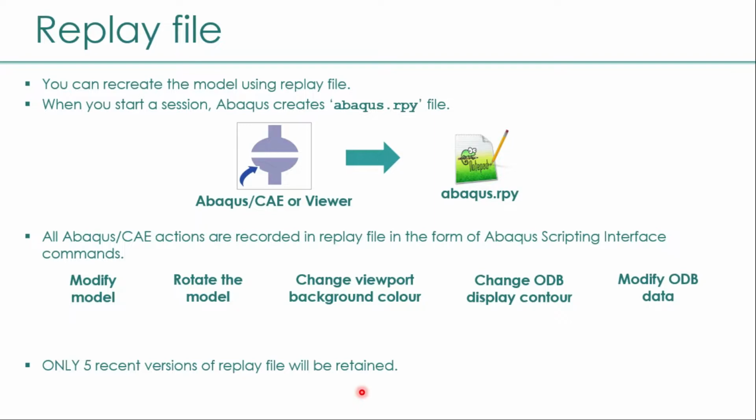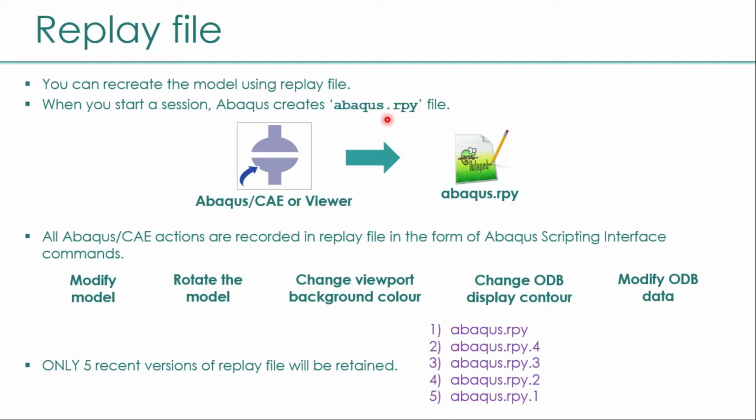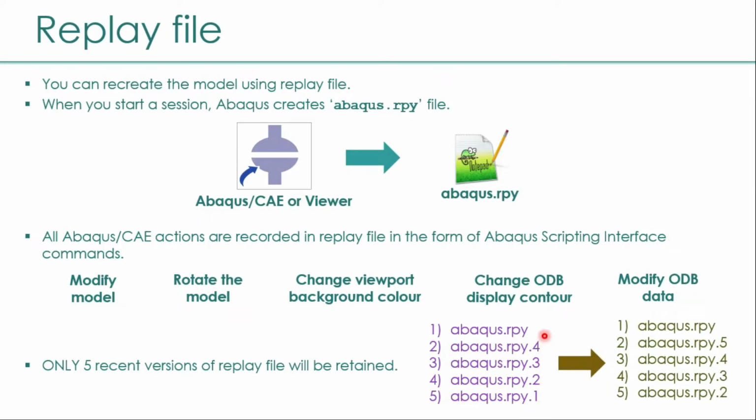Whenever you launch a new session, Abaqus creates this RPY file, and when you close that session and open it again, Abaqus creates a new RPY file. So if you want to refer to a previous session's replay file, you cannot access a replay file older than 5 sessions. For example, let's say we have these 5 replay files, and I close the session and open it once again.